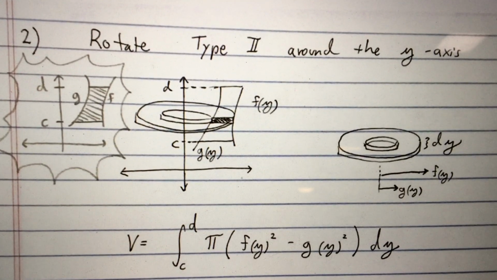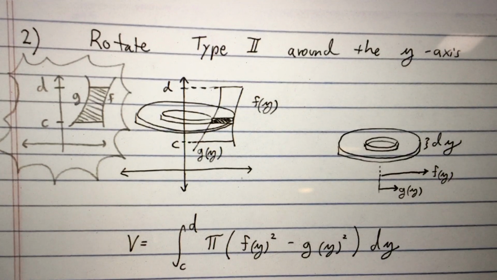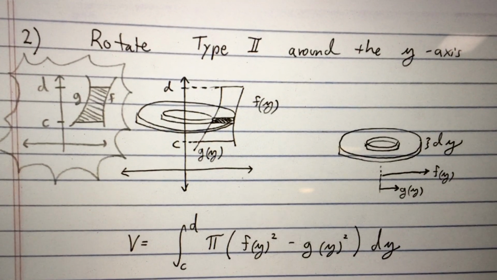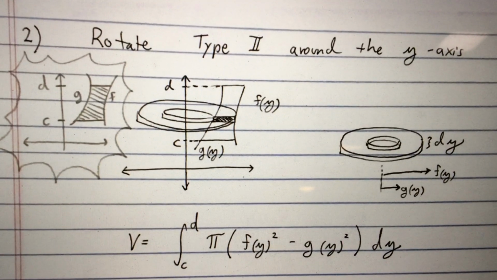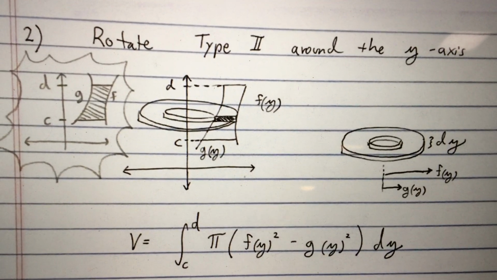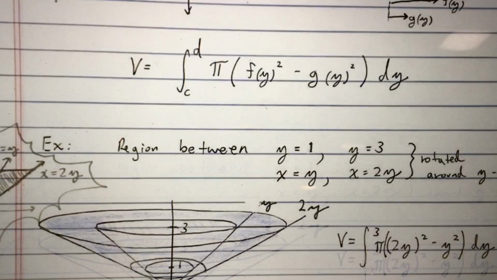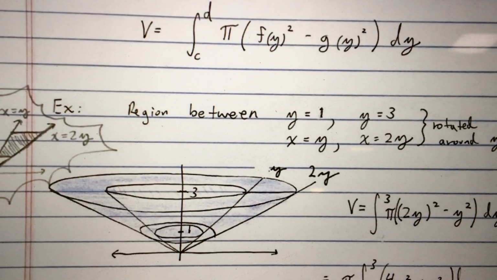But this time it's pi times the big function squared, the further one to the right squared, minus the one that's closer to the axis of rotation squared. And I'll do an example of those.